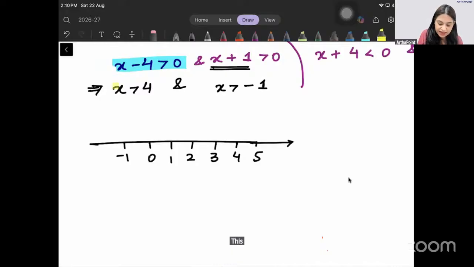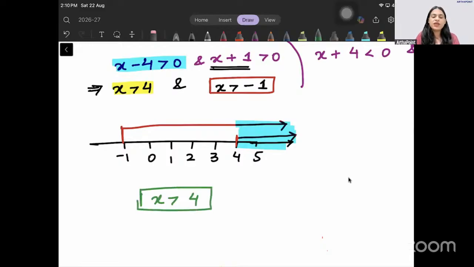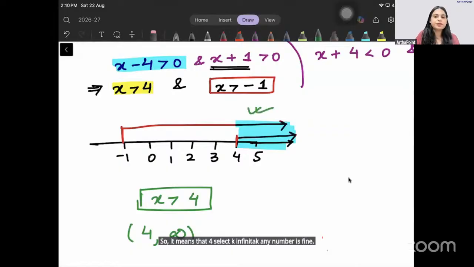This is saying x has to be greater than 4, more than 4. And this is saying x has to be greater than minus 1, more than minus 1. What is common between the two? That x must be greater than 4. This is the common part. So it means 4 to infinity, any number is fine.